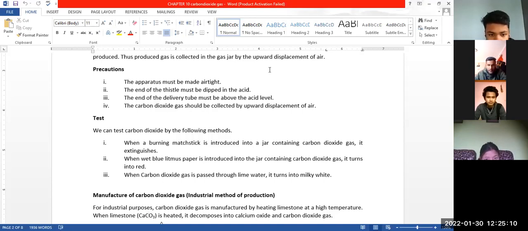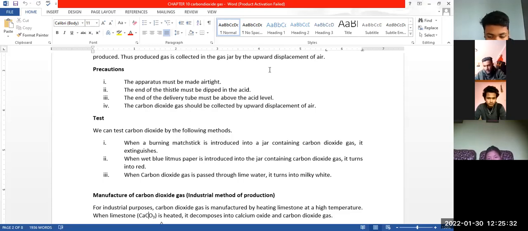When wet blue litmus paper, made wet, means containing water, is introduced into the jar containing carbon dioxide gas, it turns red. This confirms that carbon dioxide gas is acidic in nature.